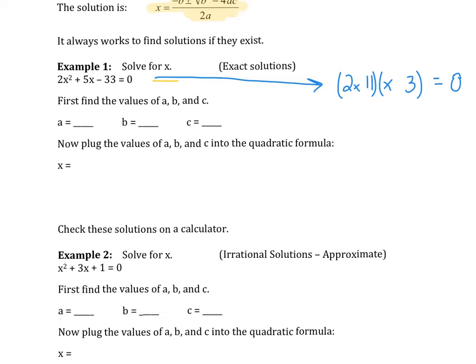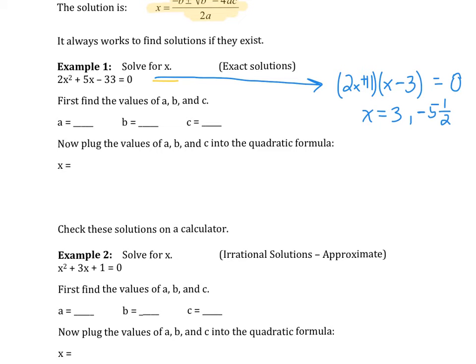And I want to get a positive, so if I put a minus here and a plus here, and x equals 3 is one of the solutions, and what multiplies to 2? What multiplies by 2 that makes 11? 5.5, so negative 5.5. So it is factorable, and I was able to find the solutions to that.